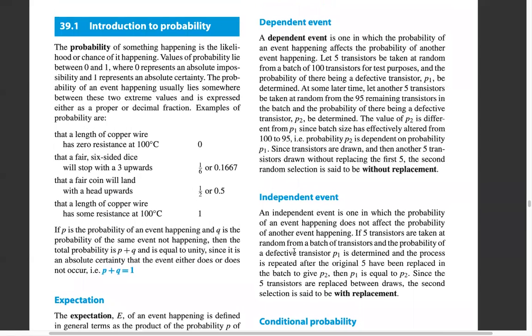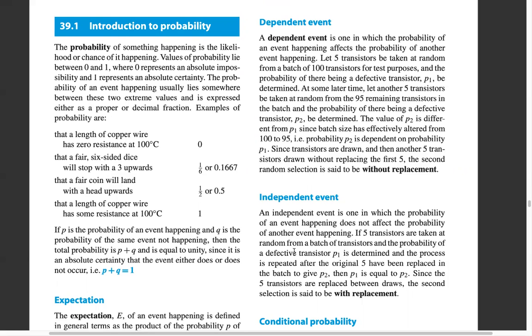So what are dependent events? Dependent events, essentially they depend on each other. If you have a bag of red and black balls and you draw one ball and you keep it, then it affects the second ball you're going to draw. It affects it because now you have fewer balls in the bag, and you potentially could have fewer red balls if you drew a red ball first, or fewer black balls if you drew a black ball first.